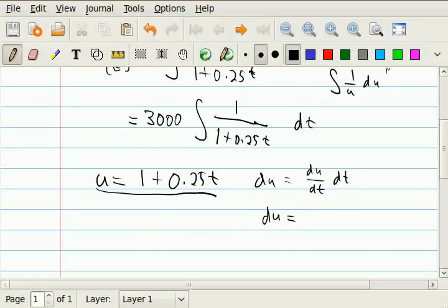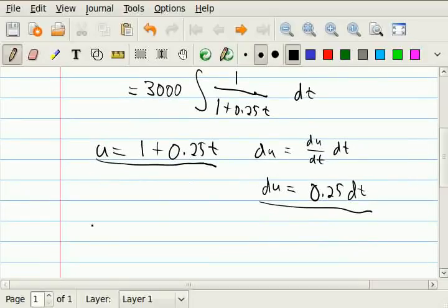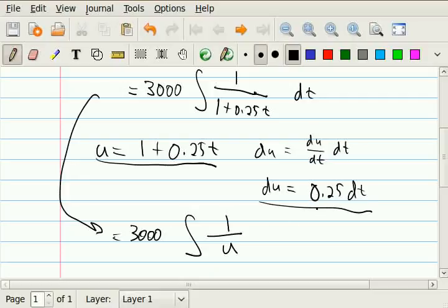Well, what is du going to be? The derivative of 1 plus 0.25t is just 0.25. So we take that derivative times dt. So here's what we've got. The integral we're trying to evaluate is 3,000 times the integral of 1 over u. And look at what we have here.